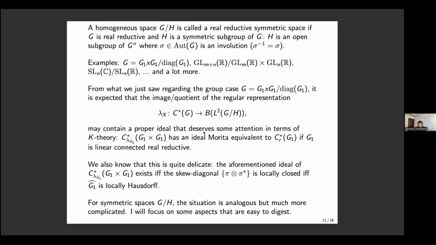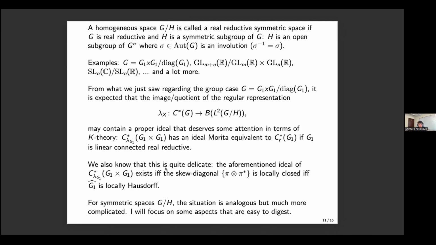It turns out this is far more complicated than we thought, but I will tell you some aspects that are nice. I recall, for example, in the group case, it has an ideal Morita equivalent to the reduced group C star algebra of G. But that's not entirely the quotient, but a proper ideal, unless G has a Hausdorff spectrum.